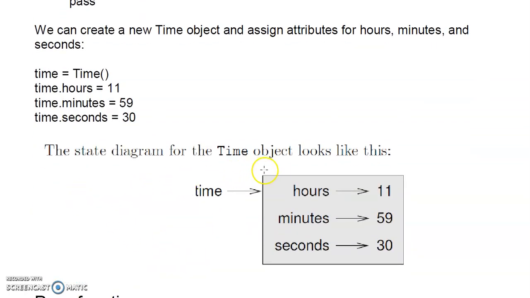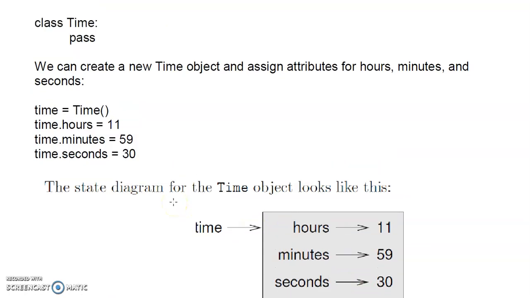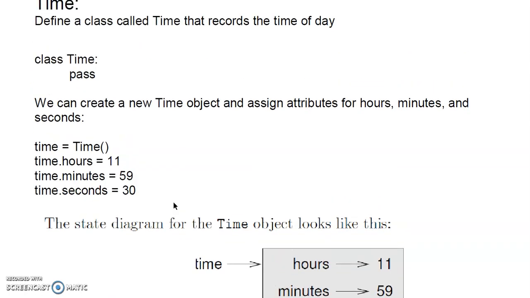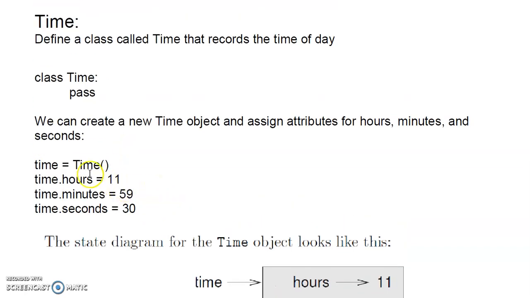The state diagram of Time objects looks like this. So the time is an object, and all these attributes are assigned the values 11, 59 and 30. So this is about the class of type Time, and we know how to create an object and also how to assign the attributes for it.